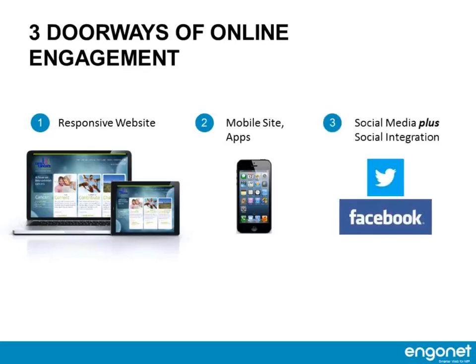Again, we've spoken a lot about it, but it's not just having a Facebook site and a Twitter site. It's about having integration of those social media platforms right across your web ecosystem. So having those social media capabilities embedded in your mobile capabilities, embedded in your responsive website, and all of them talking to one another in harmony is what produces the action.